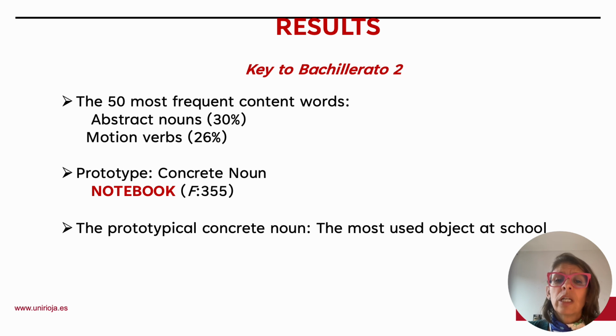It was included in the concrete nouns, and it was notebook, with a frequency of 355 times throughout the text. And we consider that this is the prototypical word given in the textbook, since according to the age and grade level, this is the most used object at school.